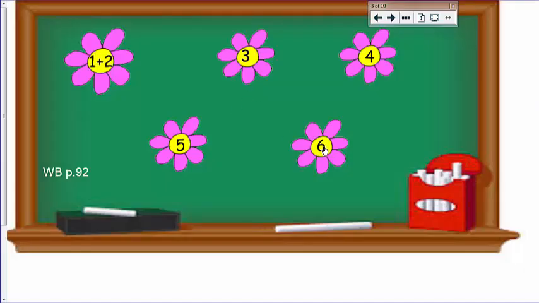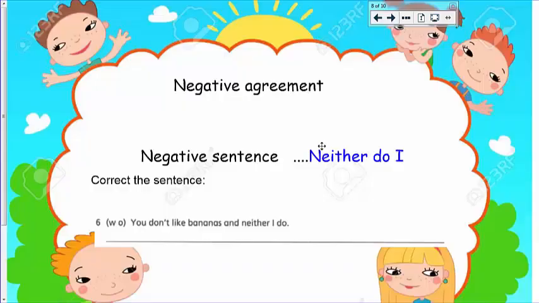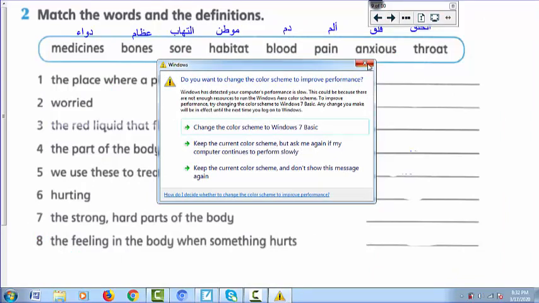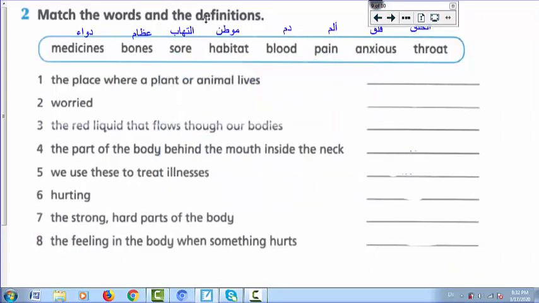Now, let's move on to the next exercise, which is about words and definitions. We have medicines, bones, sour, habitat, blood, pain, anxious, throat.